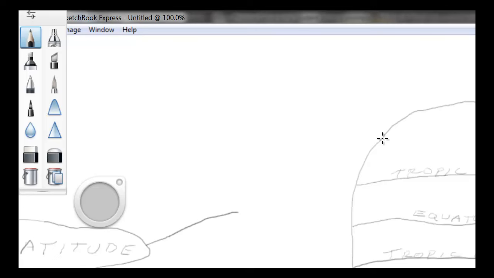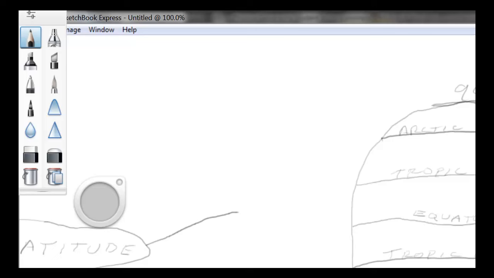And of course the one up here is the Arctic Circle at 66.5 degrees north. And of course the world does not go beyond 90 degrees north, nor does it go beyond 90 degrees south.